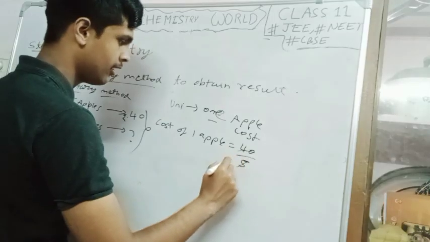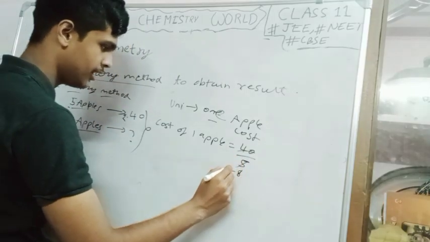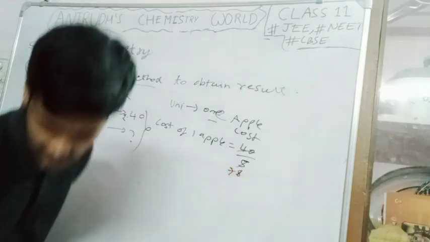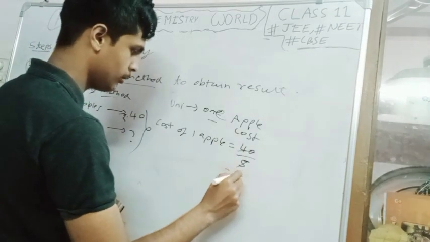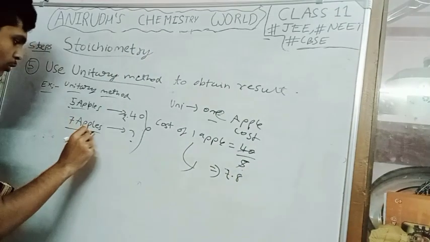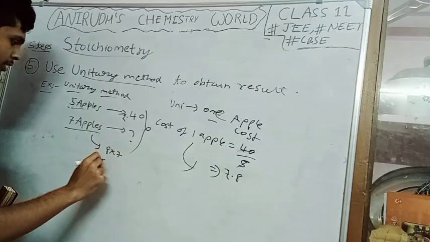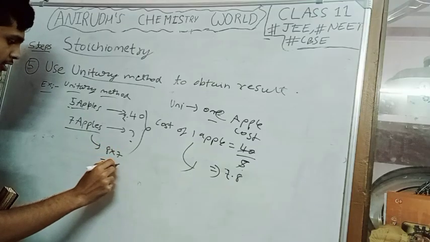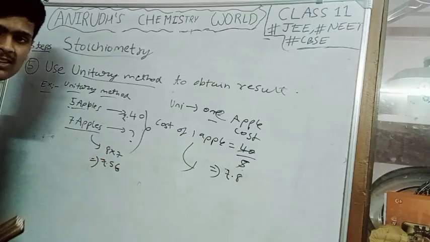Five eights are 40. So the cost of each apple is 8 rupees. This is the cost of 1 apple. Now, what's the cost of 7 apples? 8 into 7. Eight sevens are 56 rupees. This is the cost of 7 apples.